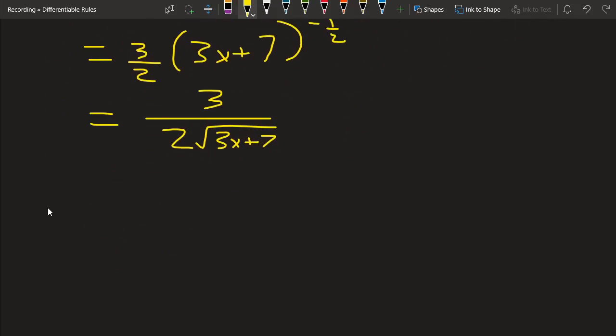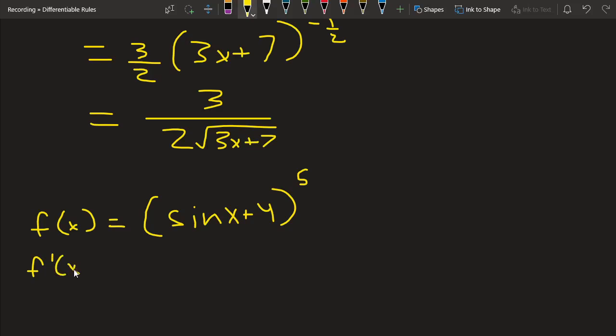So for our next one, we have f of x is equal to (sine x plus 4) to the power of 5. If we're asked to find the derivative of this, take a moment or two to try to figure this out.